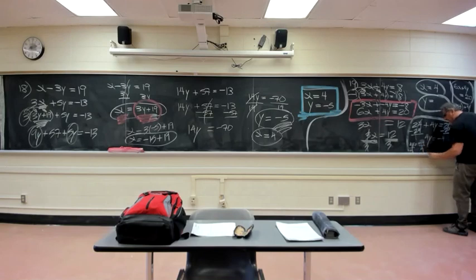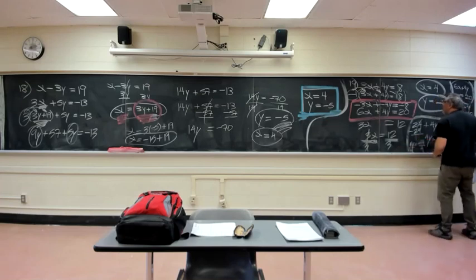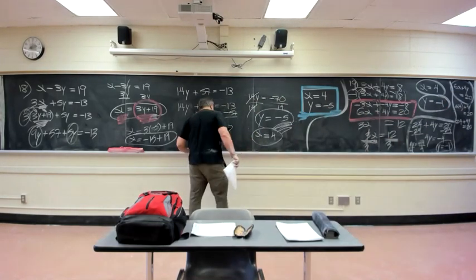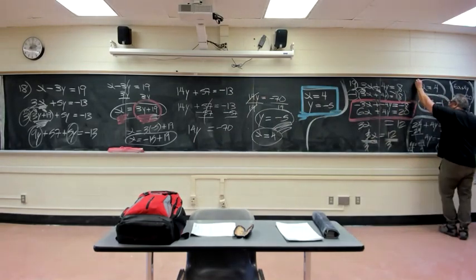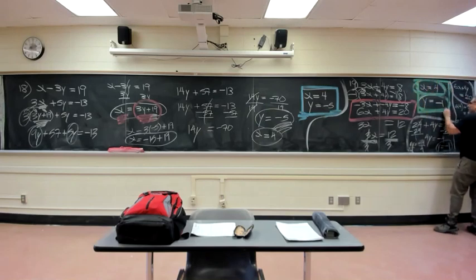Divide by 4 on each side. y equals negative 4 divided by 4. That's negative 1. And there it is.